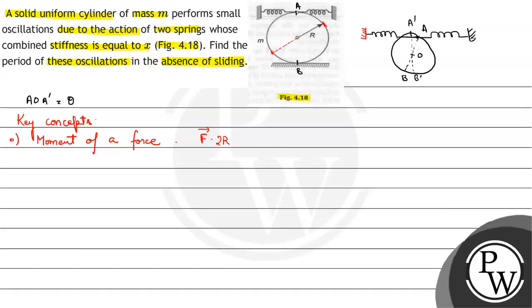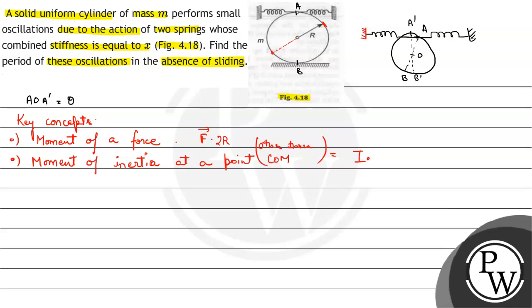Okay, so now the second key concept here is the moment of inertia at a point other than center of mass. So it is given by IO.